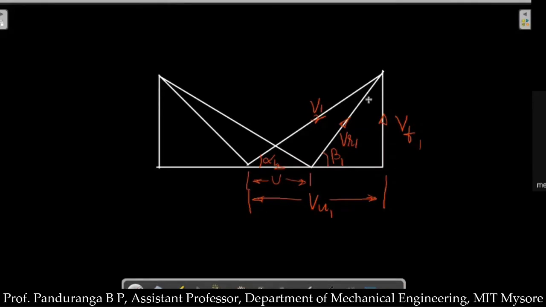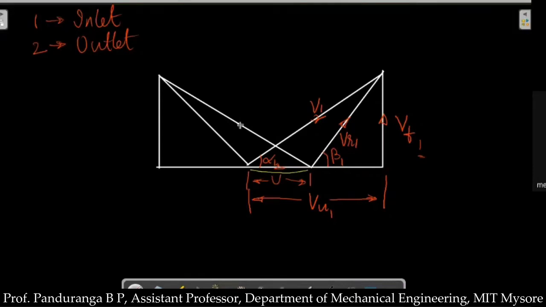That is one triangle, and the other is the triangle formed by u, v1 and vr1. These are the two triangles present at the inlet. Here the subscript 1 represents inlet, so 1 is always inlet and 2 is outlet. You need to remember this: wherever it is 1, it is inlet, and wherever it is 2, it is outlet.